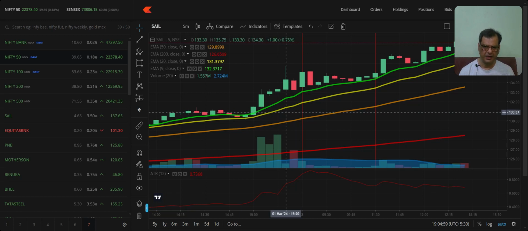So preferably don't wait till the 3:25 candle. I'm sorry, my mistake. Don't wait till the 3:15 candle to end. You sell immediately at the start of this candle.